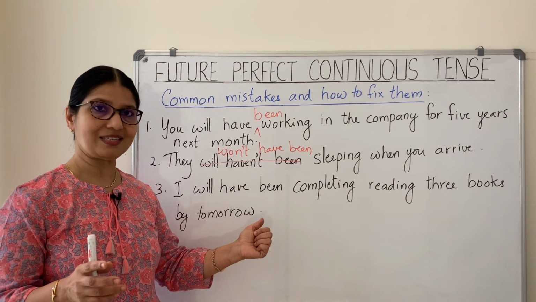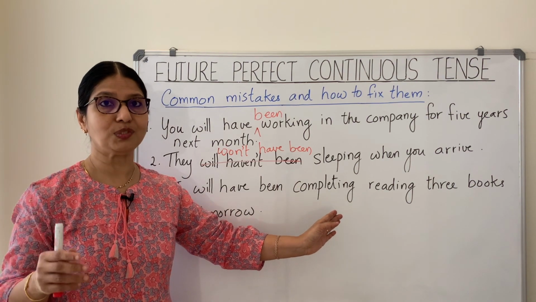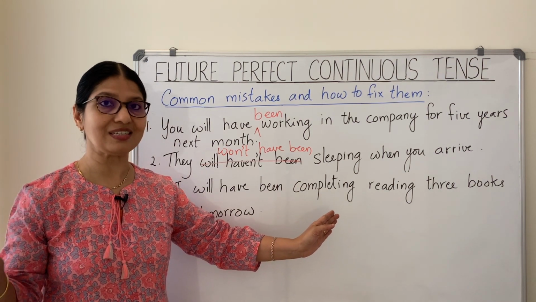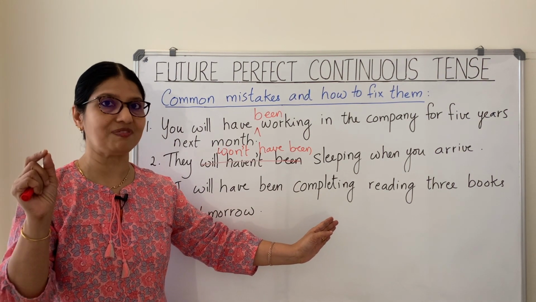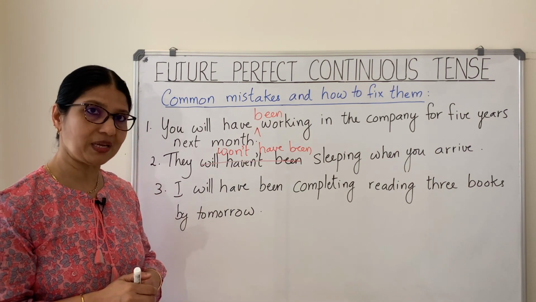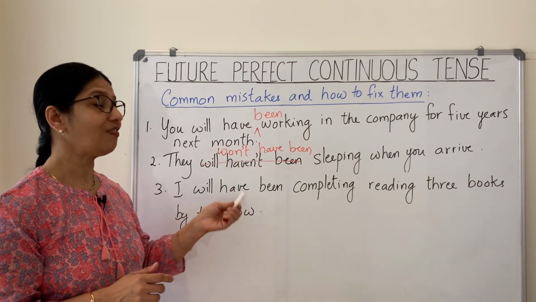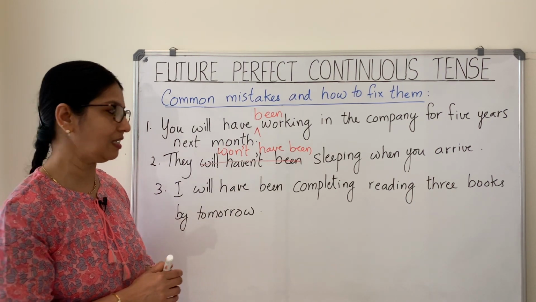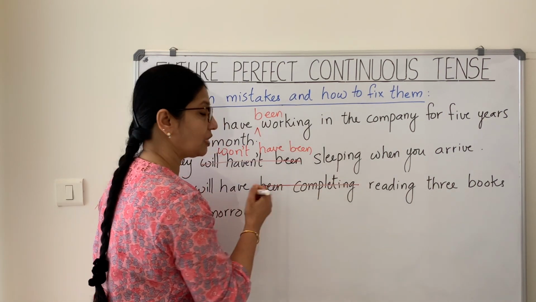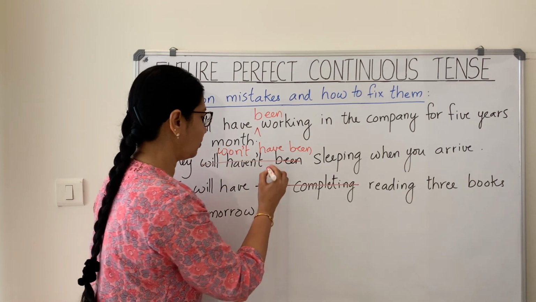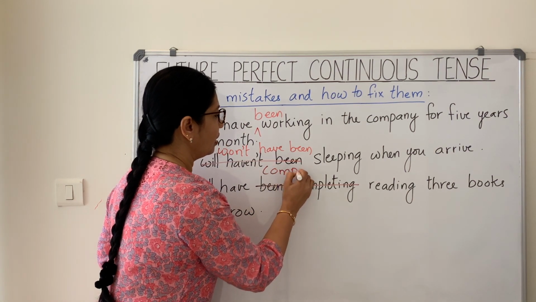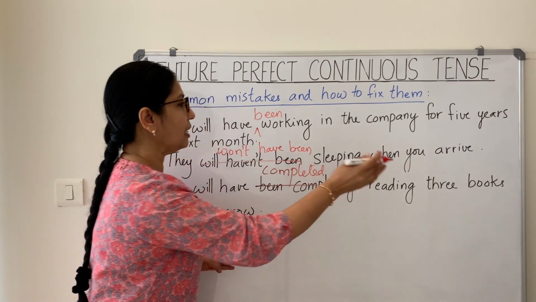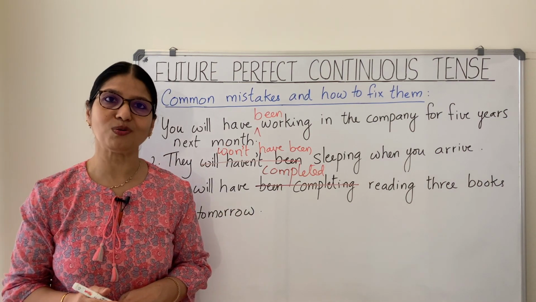So in that case, I cannot use the future perfect continuous tense. Instead, I should use the future perfect simple tense. So it should be I will have completed, not I will have been completing.